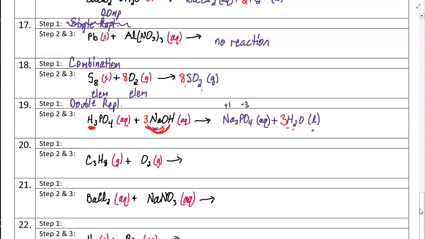Number 20. This is our first one on the worksheet. That's going to be combustion. This is a hydrocarbon, and it's being reacted with oxygen. This is combustion.